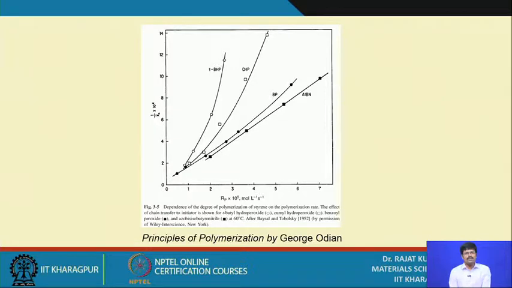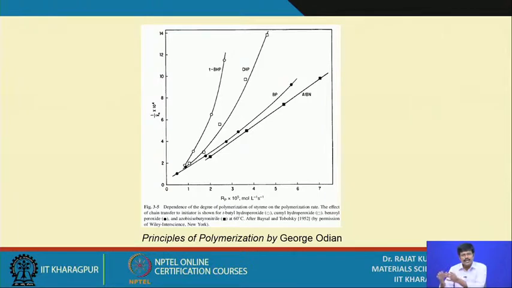So, in the exam problem, suppose you are given all these different graphs, all of them for styrene polymerization, but generated with different kinds of initiators. If for some initiator it is a perfectly linear graph even at very high Rp, then that tells you that the chain transfer to that initiator is negligible, because that term does not come into the picture.